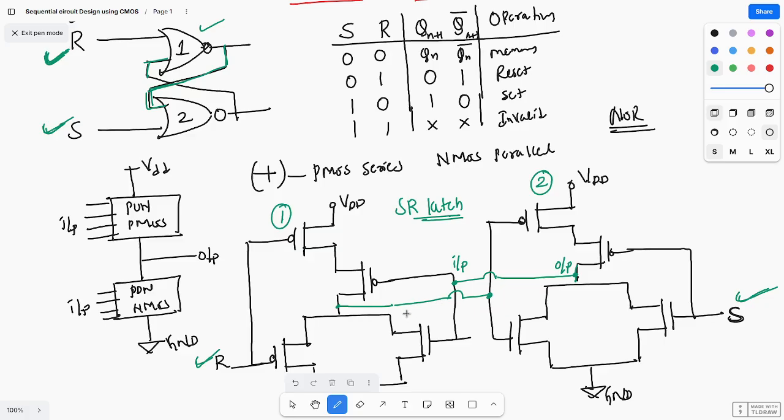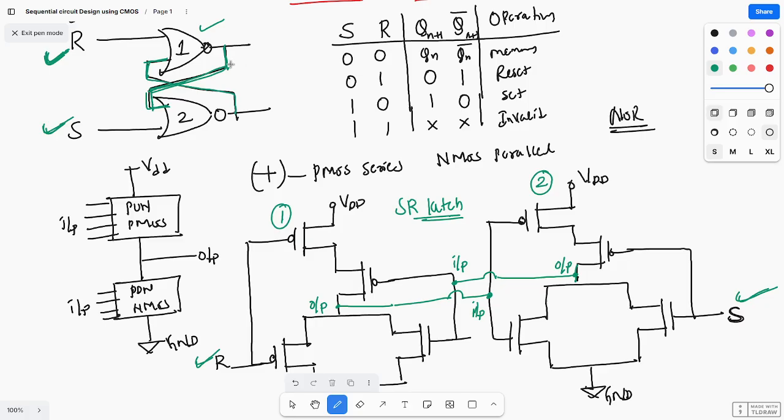So the input of the second gate is connected to the output of the first gate. Like this we need to connect. Is it clear? Do you understand?